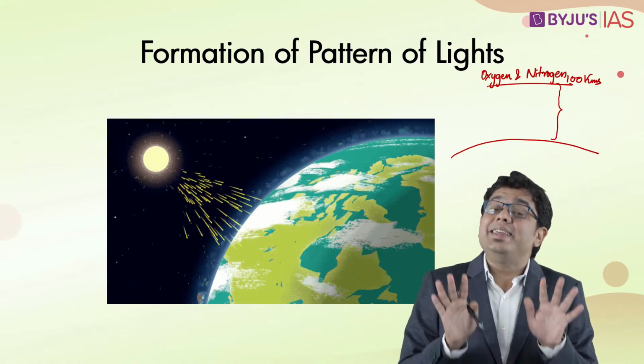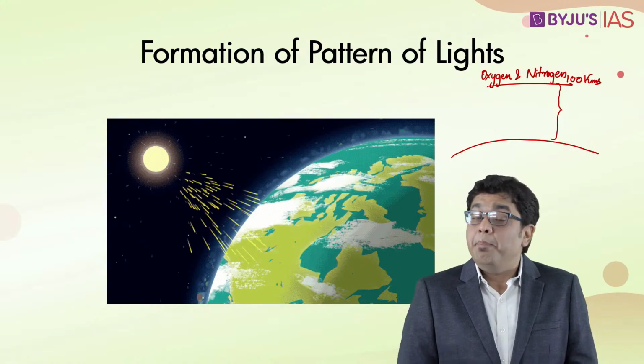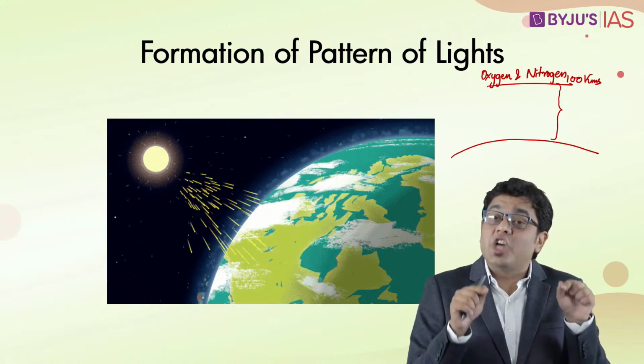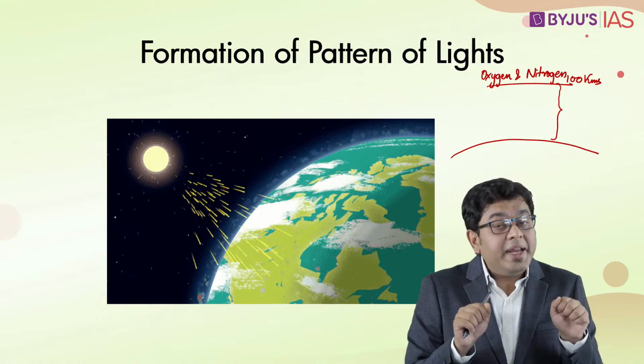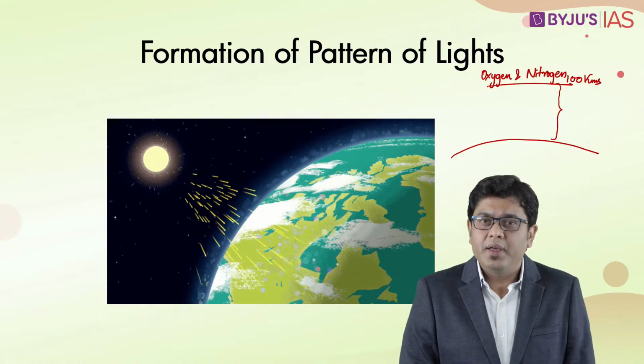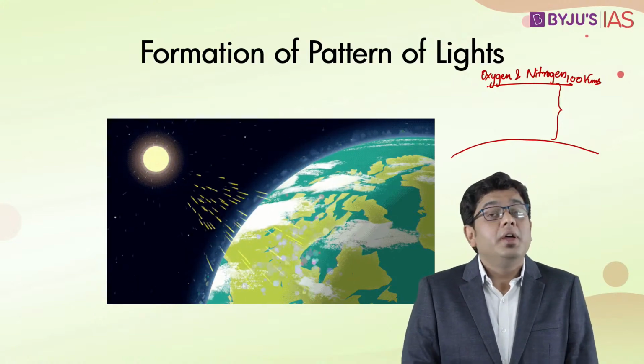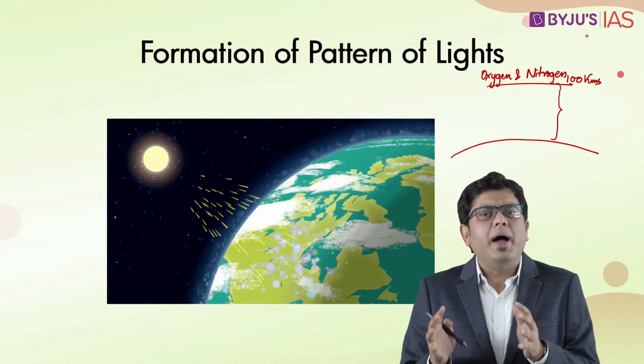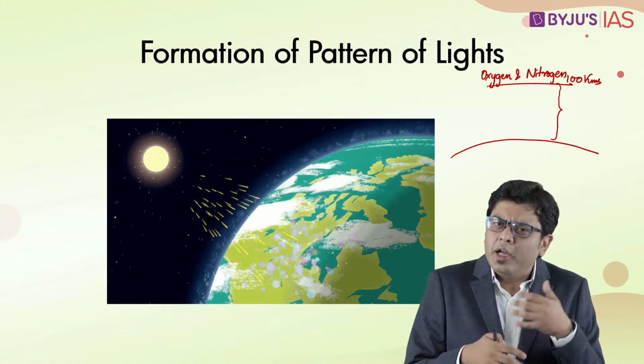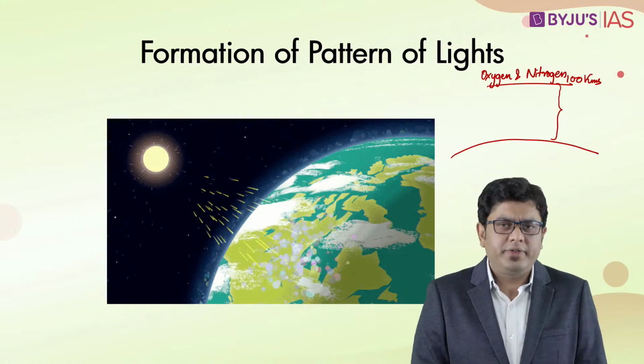Granted that its density is very less, but when it is hit by charged electrons coming directly from the sun, these charged electrons have all the required characteristics and phenomena to cause a kind of disturbance.